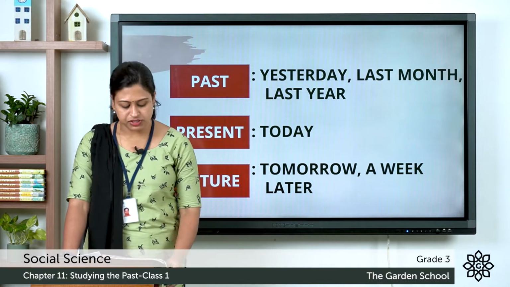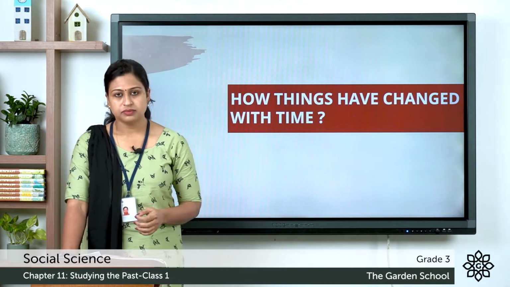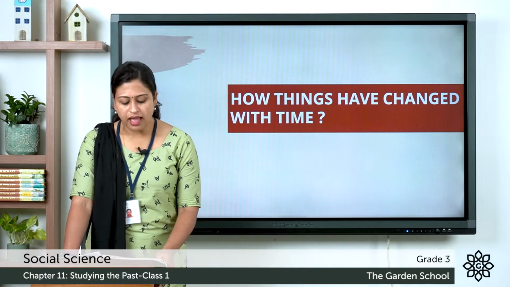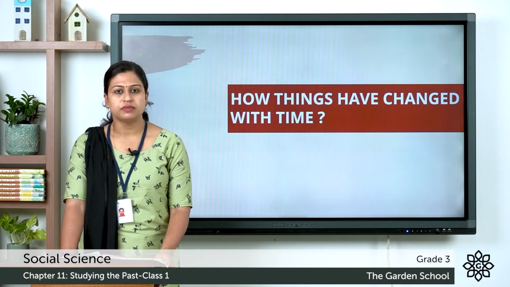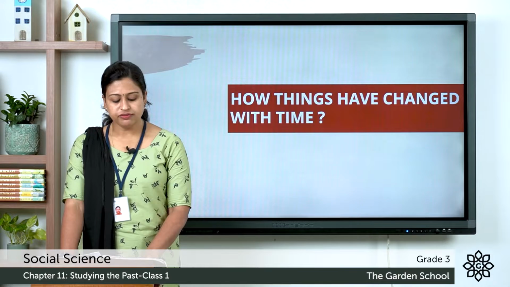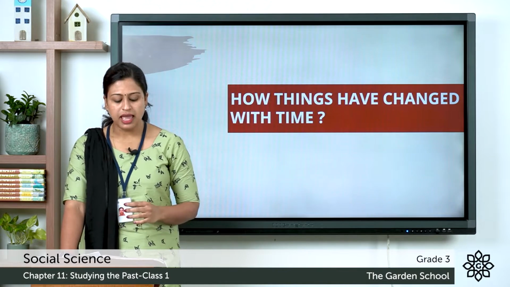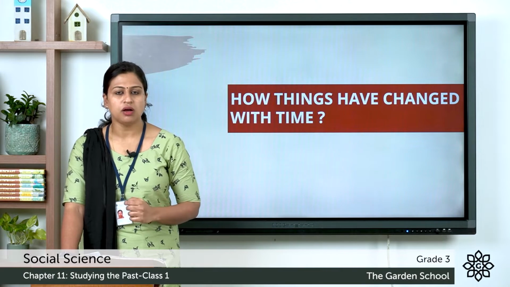Now here in page number 68, you can see a table. The heading is, how have things changed with time? You can see here 3 columns and 3 rows. In the first column, the heading is, when your grandparents were as old as you are now.